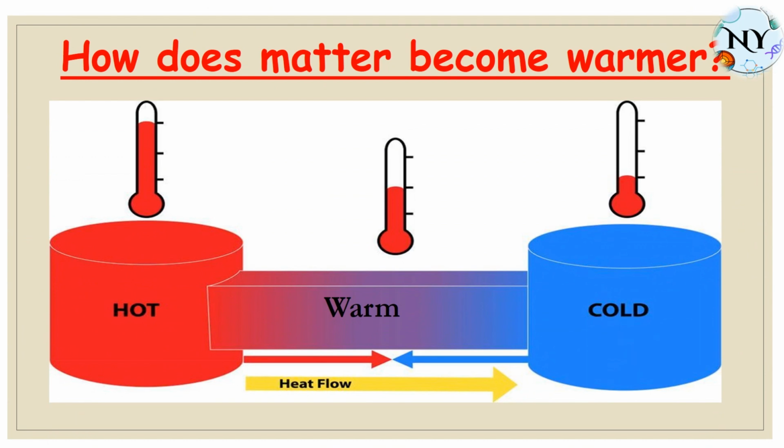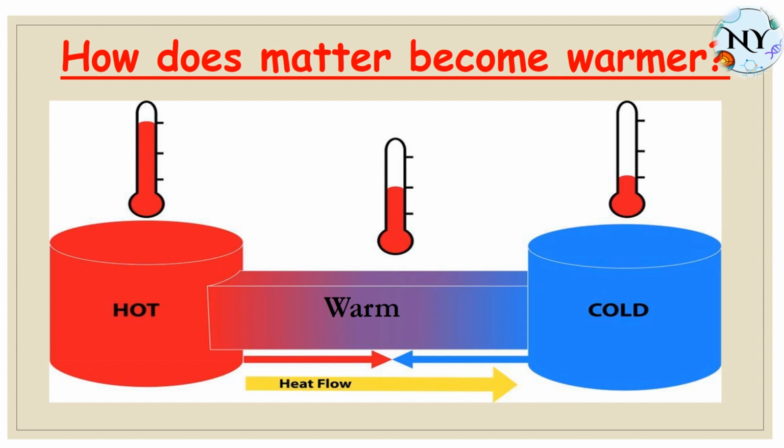How does matter become warmer? We said before that if we have two objects at different temperatures, one hot and another cold, when they are in direct contact, the heat transfers from the hot object to the cold object.